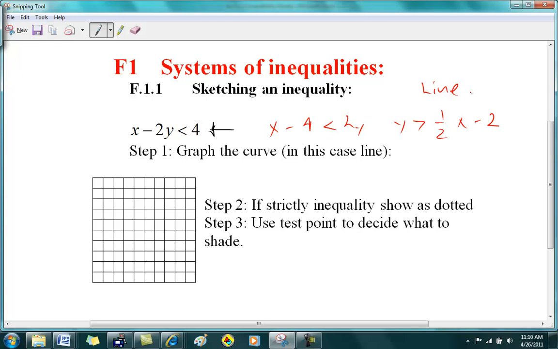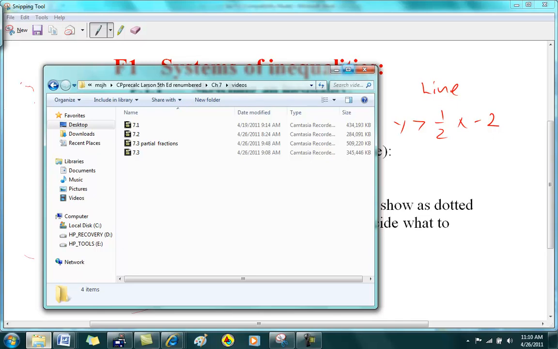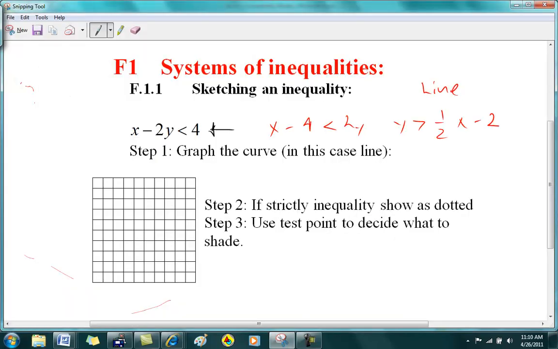I'm going to use a straight edge and try to make it as neat as possible. Not a good start, so let's start all over again. Here's my axis.